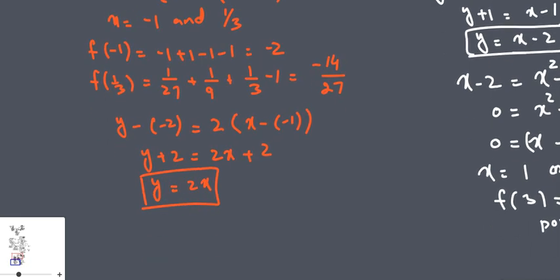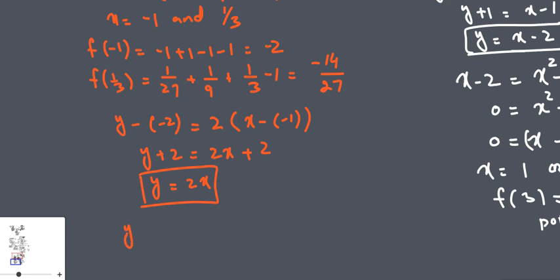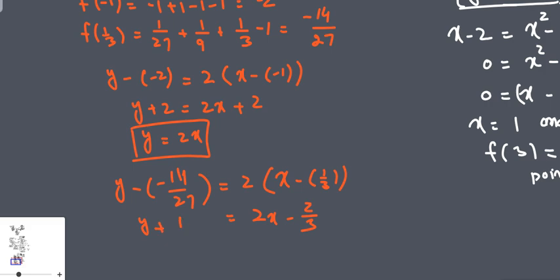And the second equation will be y minus y1, which is negative 14 by 27, equals m. m is 2, x minus x1 is 1 over 3. So the right side will become 2x minus 2 over 3 equals y plus 14 by 27.